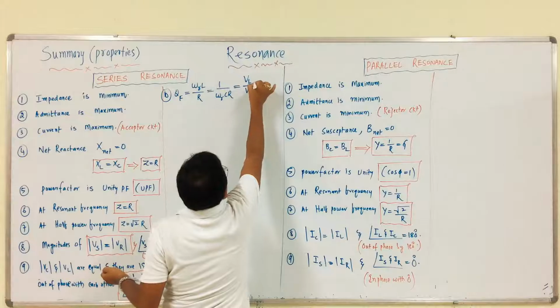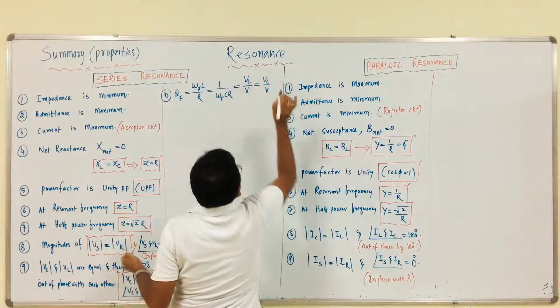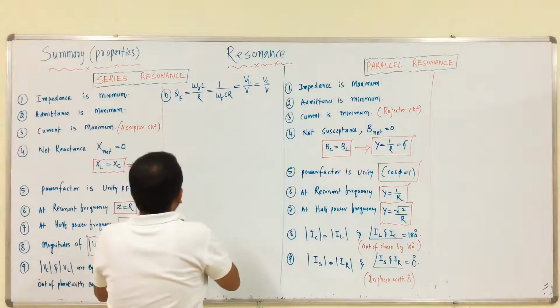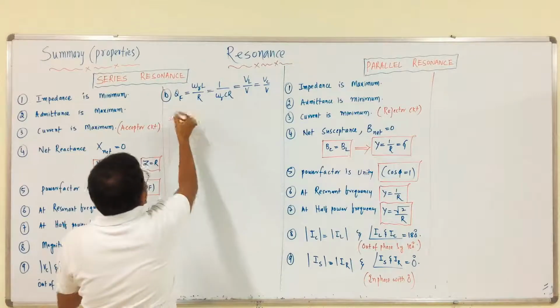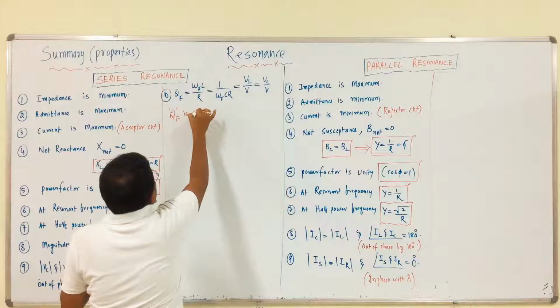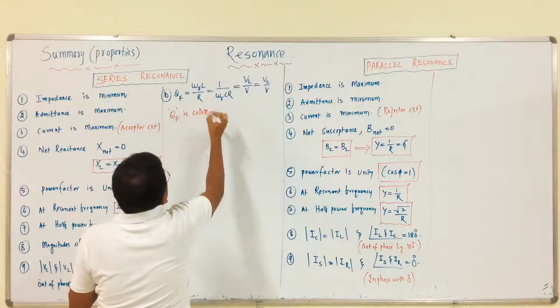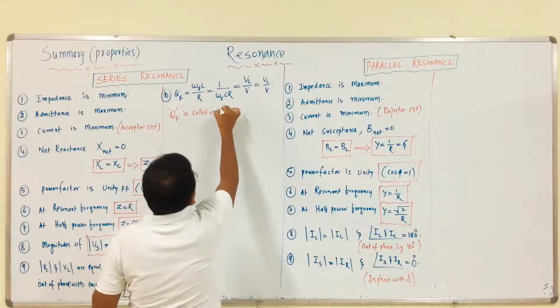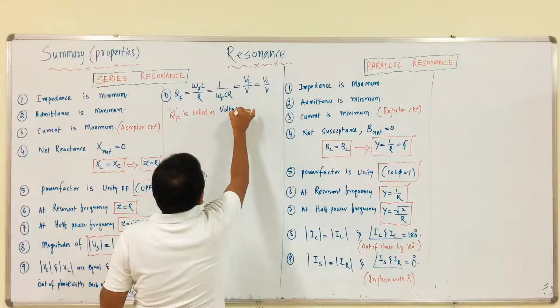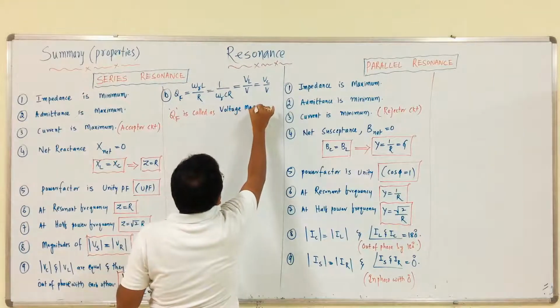VL by V, which is equal to VC by V. Therefore, in this case, Q factor is called as what? Voltage magnification factor.